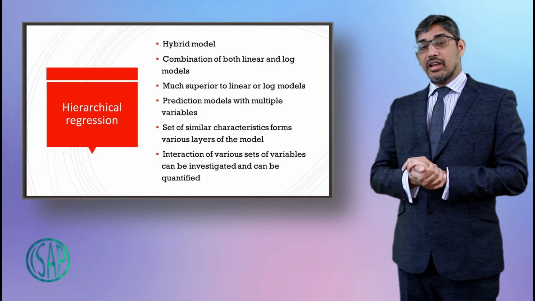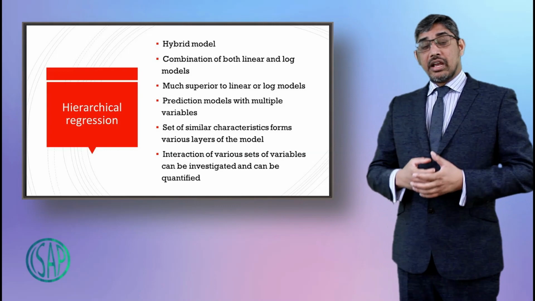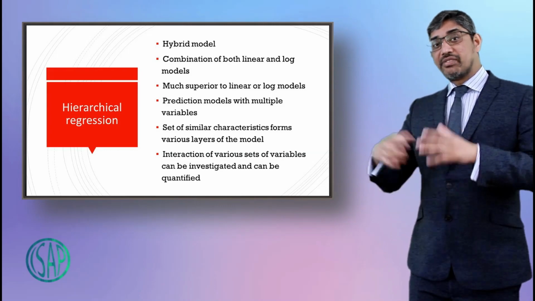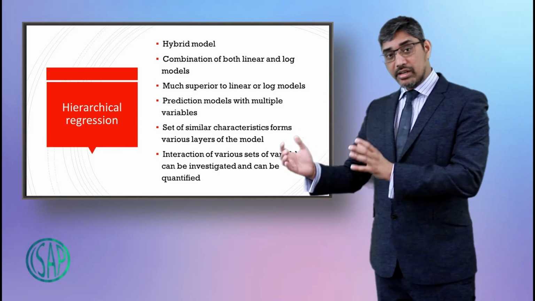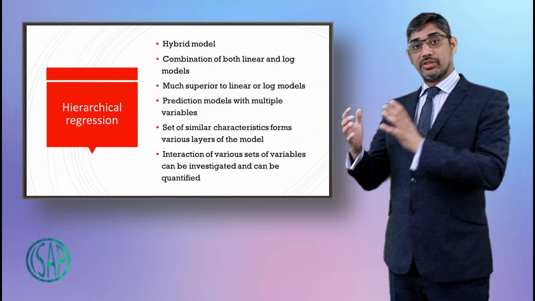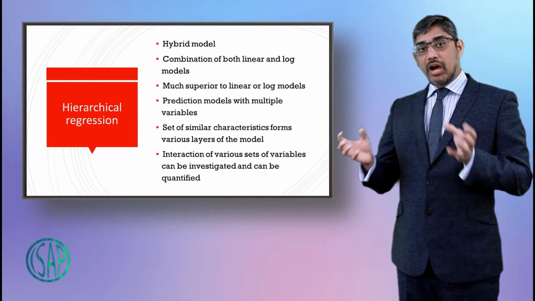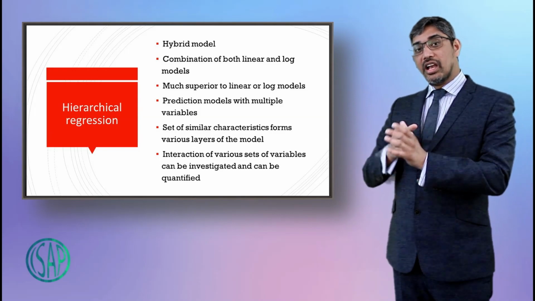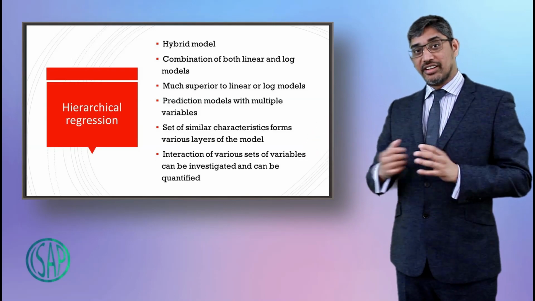For example, comorbidities like diabetes and hypertension can be combined together as one set, whereas risk factors like smoking and alcohol can be combined as another set, as risk factors for mortality, to see how they affect it. So you can see how hypertension and diabetes interact with smoking and alcoholism, and what the R-squared change is. You can measure it.